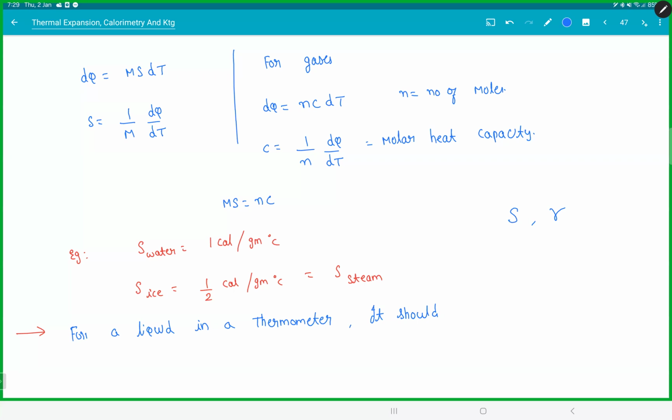You don't want to put it in the mouth for 1 hour and then supply heat. It should have less specific heat capacity. Reason? Temperature should change fast.